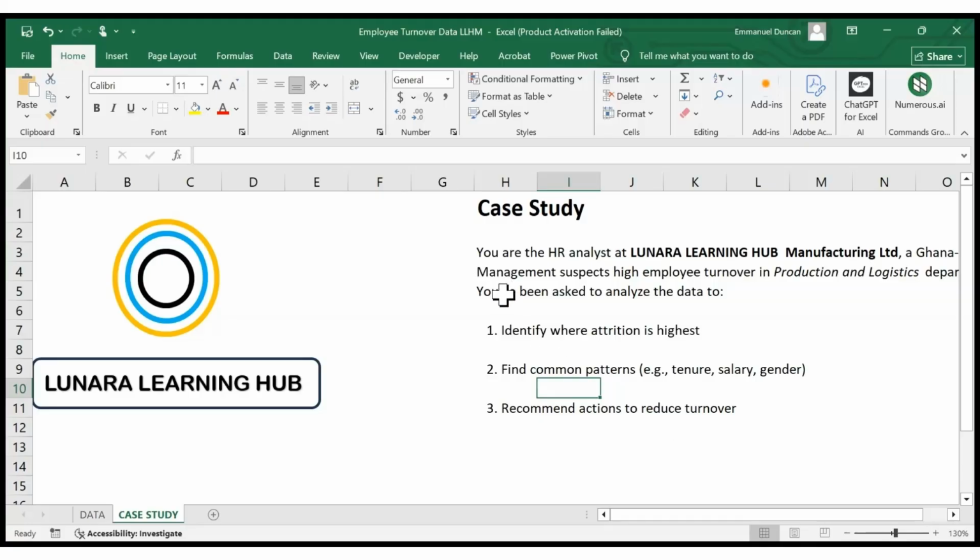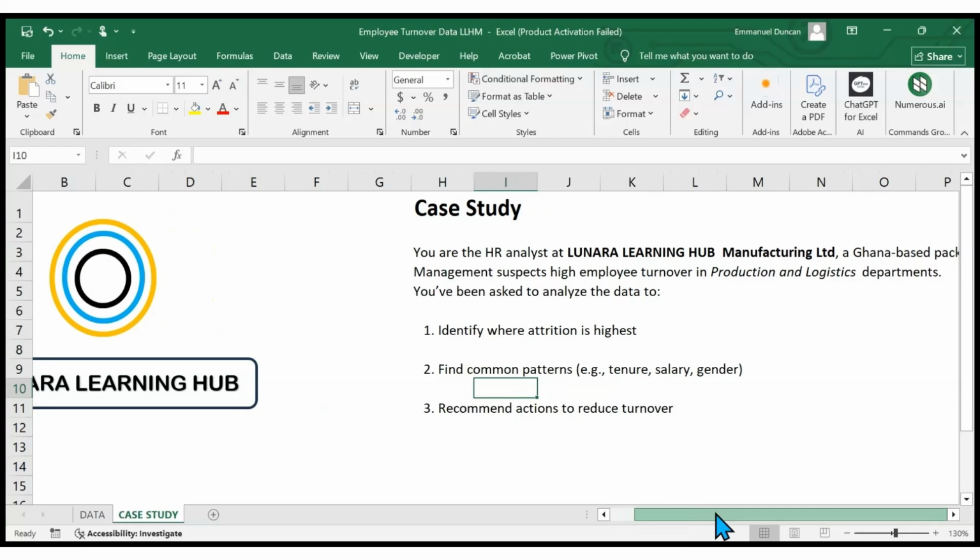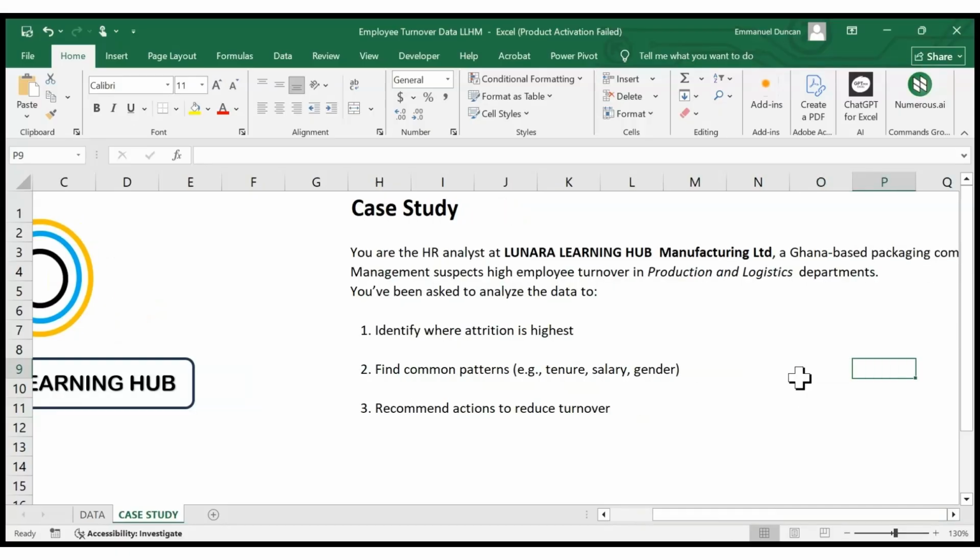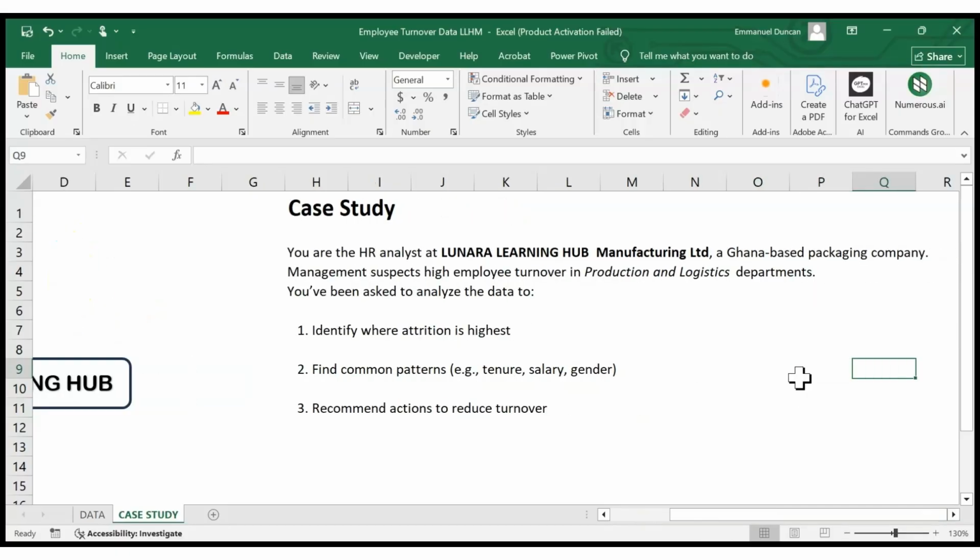The case study is: you are the HR analyst at Lunara Learning Hub Manufacturing Limited, a Ghanaian-based packaging company. Management suspects high turnover in the production and logistics departments.